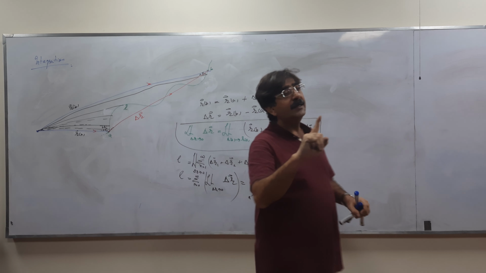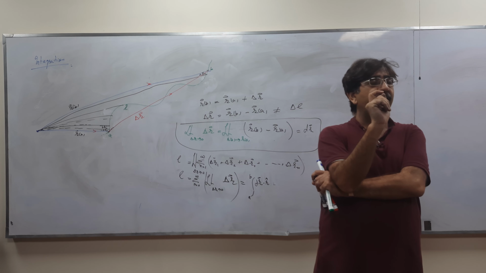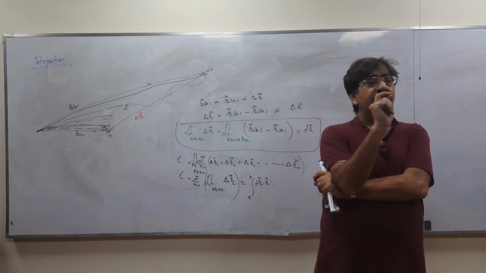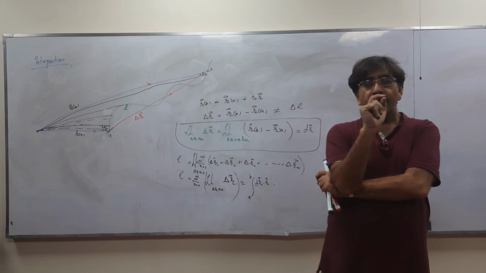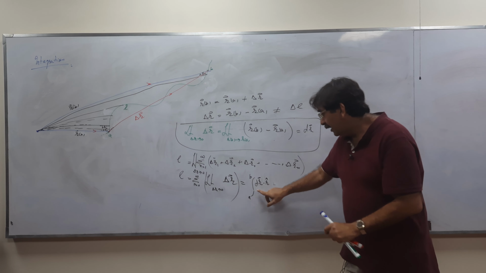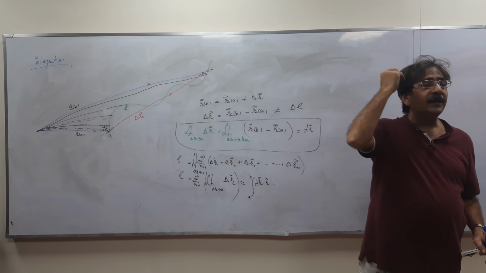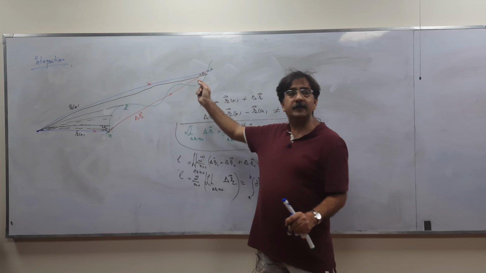This will be like a line. In this case, I have to explain a very important point. When we consider the integration along any dot product, along any point, then this will be a single line.